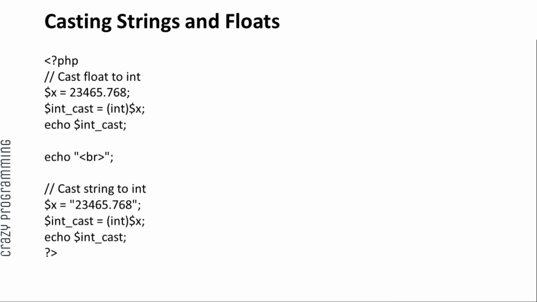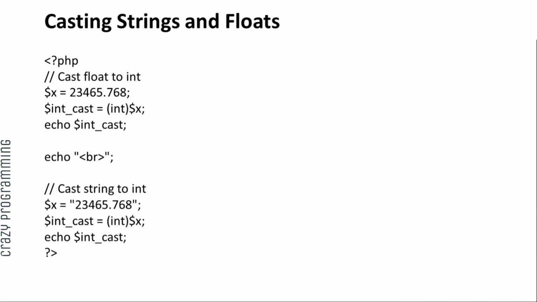Like that we will use the cast string to int. Will the cast convert the string to int or not, with a different example, that is x variable equals to, here we are using a string, because the number is inside double quotation marks, 23465.78768. Same thing, all things same.